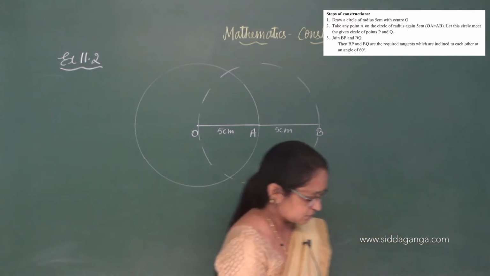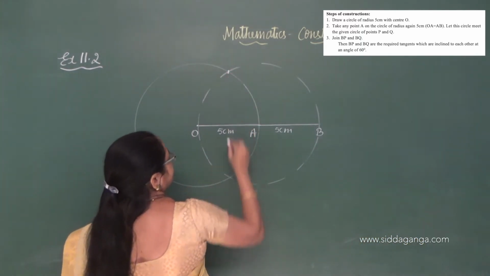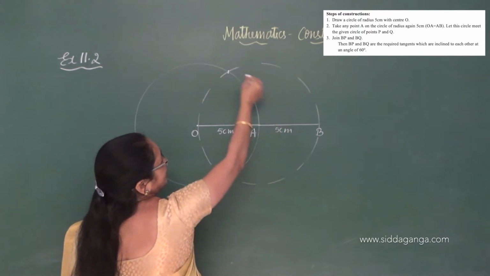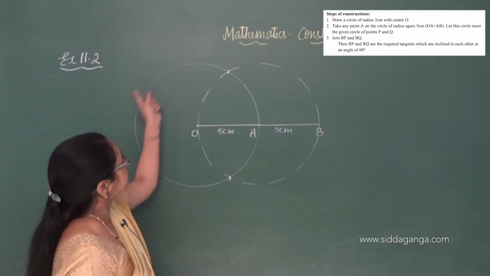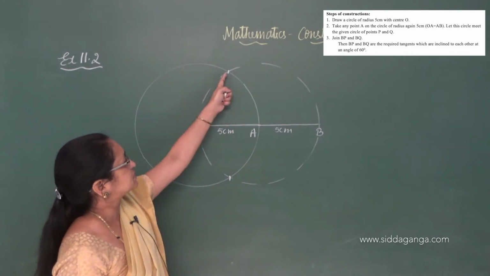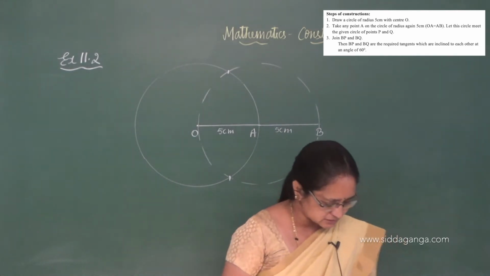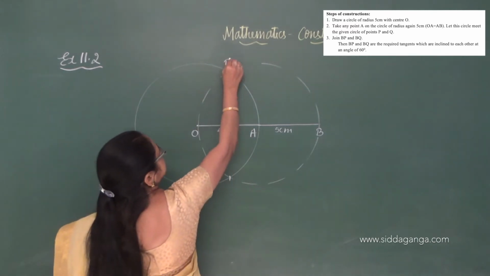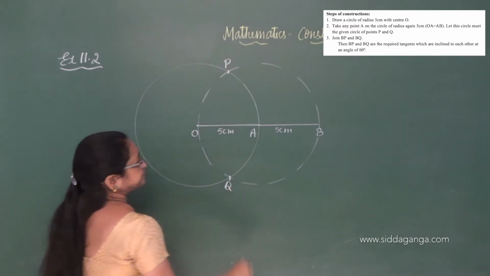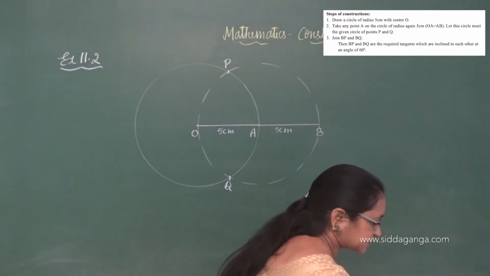Now, I hope you can see this point here and this point, where the new circle which I have drawn has cut the given circle at 2 points. I will name them P and Q. So this is P and this is Q. Now I have to draw the tangents.